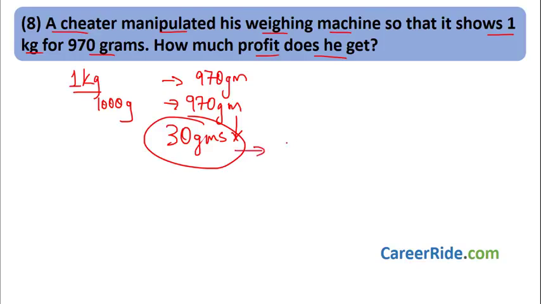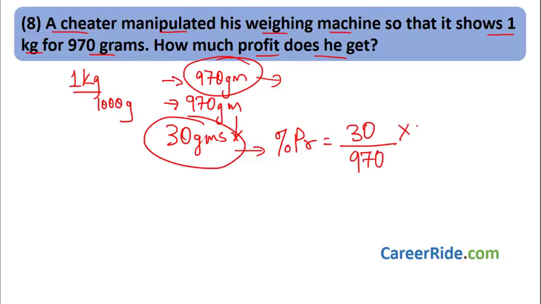How to express it in percentage? Percentage profit is nothing but profit in rupees, that is profit in grams, divided by cost price. Do we know the cost price over here? No. But what we know is, when the weighing machine is showing 1 kg, the real or the actual weight is 970 grams. So this is the actual value, this is the cost price. So divided by 970 multiplied by 100, this gets cancelled over here, we will have 300 upon 97%.